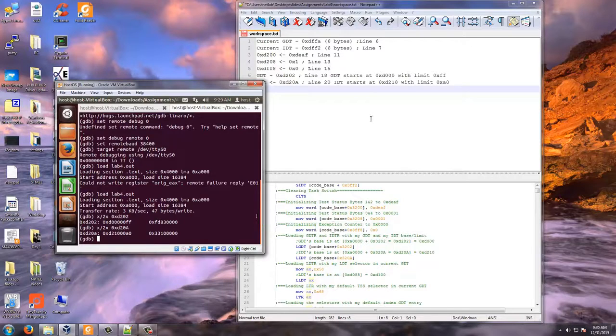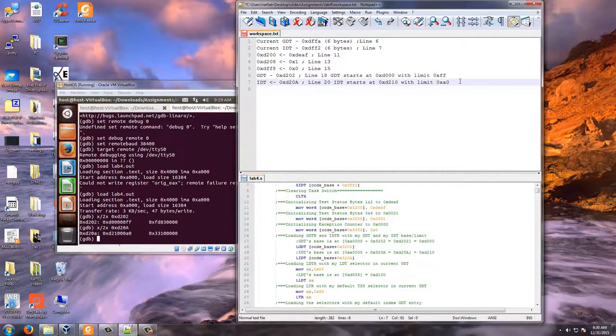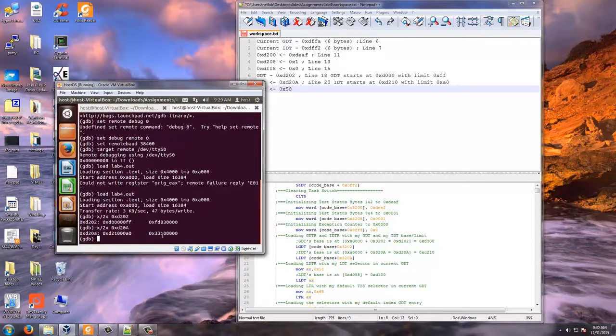Now the most important thing that we need to know here is about the current LDT, right? Please see that LDT is loaded with 0x58. Okay, so where is 0x58?